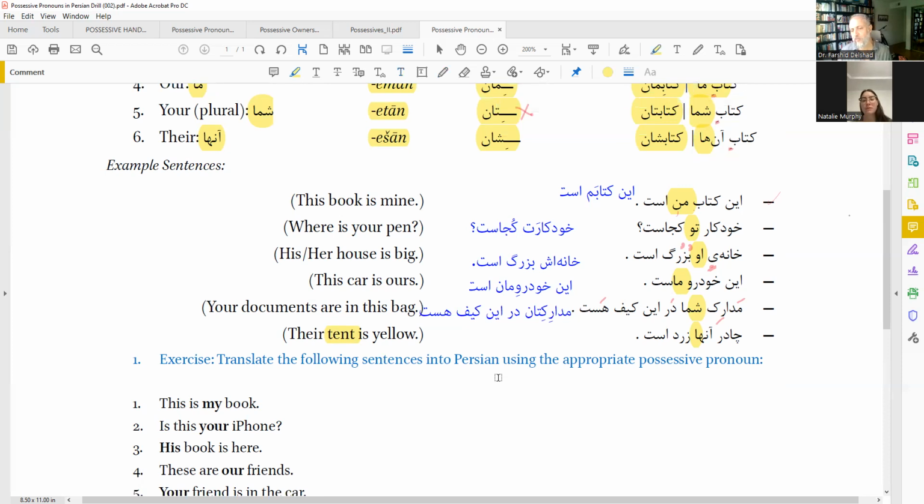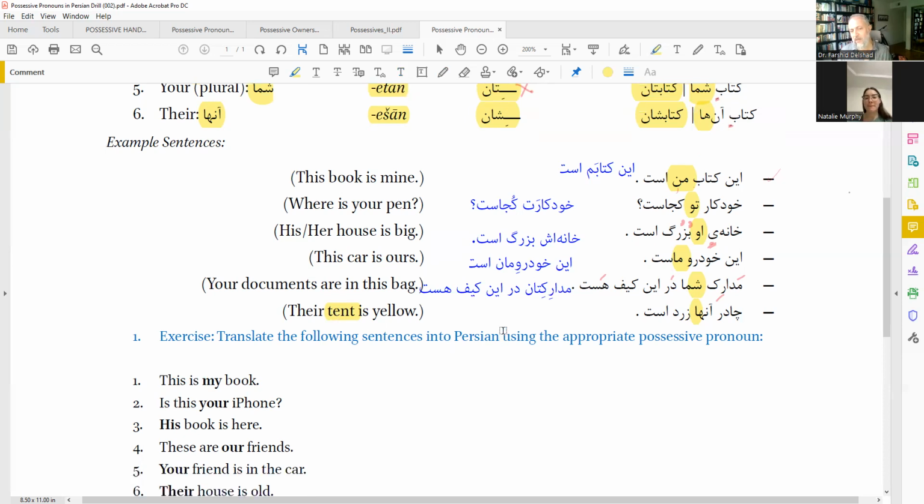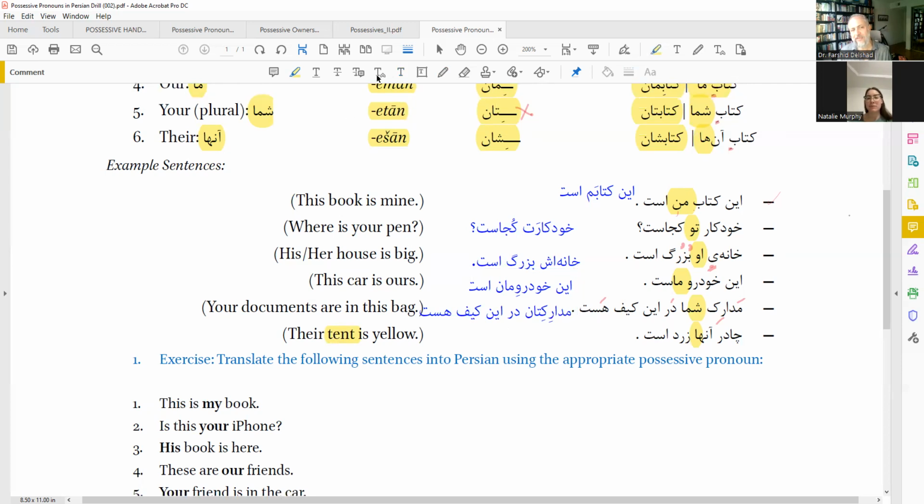It's like hijab, but the Persian version of that. It's a loan word; you have also in English, chador. But I just meant here the word tent, not the chador in the meaning of the head cover. And the word zard is yellow.